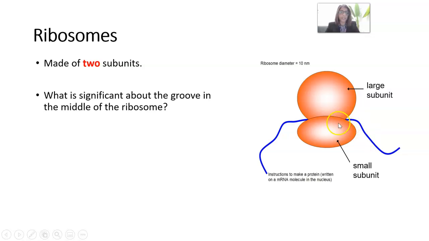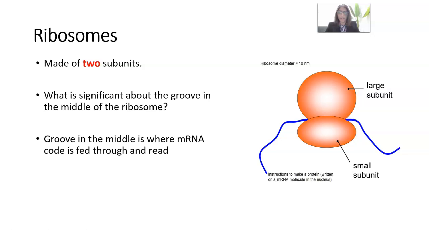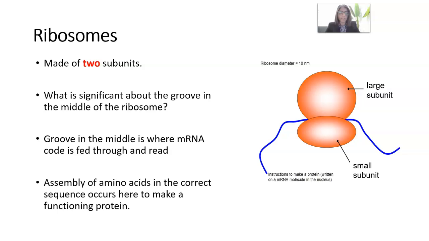And that is actually really significant, because what it does is it allows the mRNA code to be fed through the middle and read. So the assembly of amino acids in the correct sequence only occurs because the ribosome allows this mRNA code to be read, and it allows the interaction of mRNA and tRNA, and therefore bringing the correct amino acids.